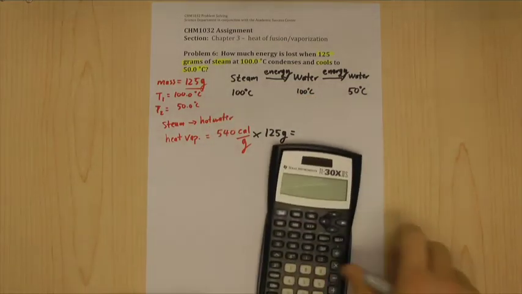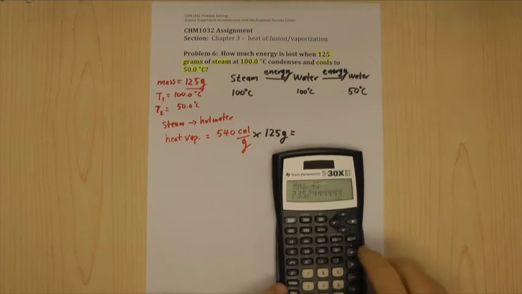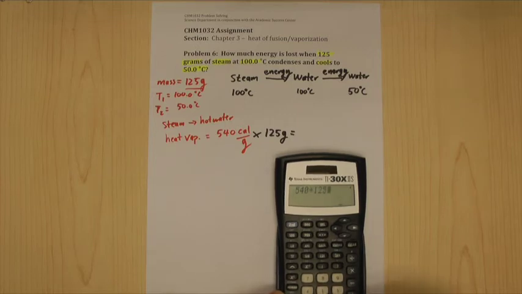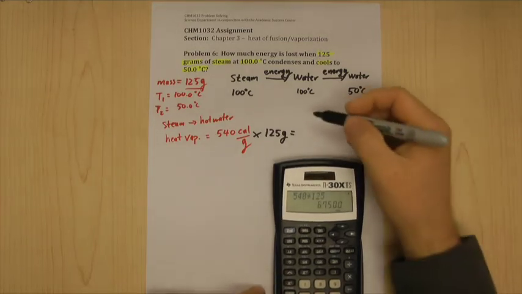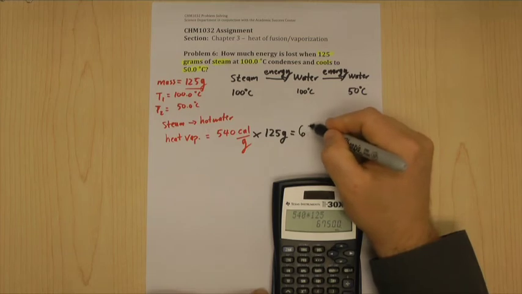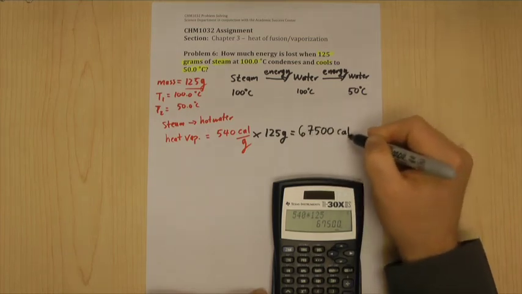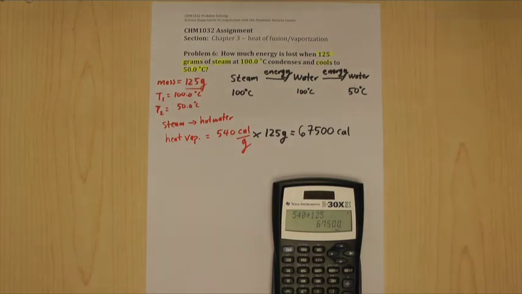All right, let's crunch some numbers real quick. What do we got here? 540 calories multiplied by 125 grams is going to be, look at that, 67500 calories. A lot of energy just to condense steam. Just to condense it.